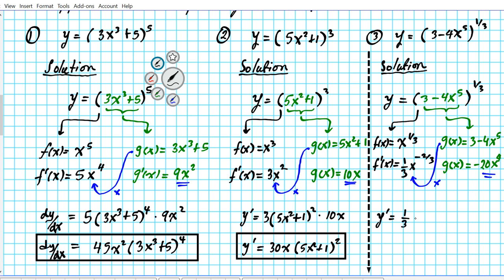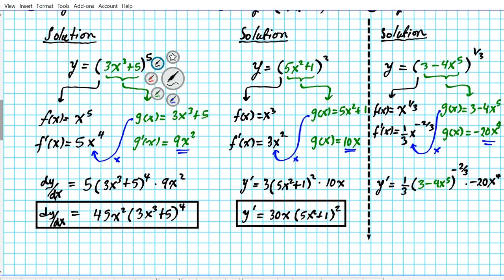So basically take x out and replace it with the inner function. And then we multiply that by the derivative of the inner, which is negative 20x to the 4th. And then if we want to, let's simplify this and make it look pretty.